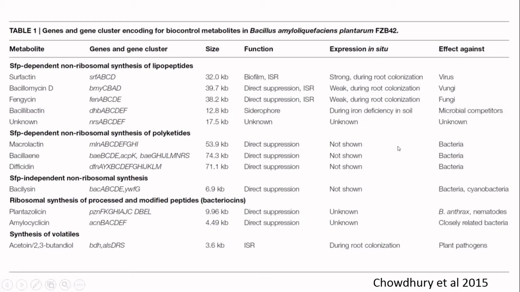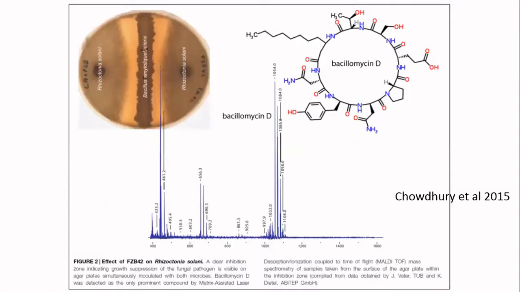So this indicates that these lipopeptide genes could be candidates for preliminary screening and identification of the antagonistic strains.